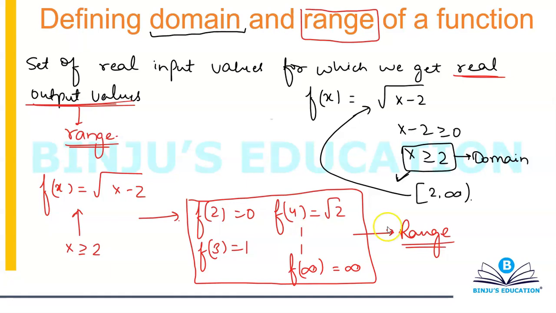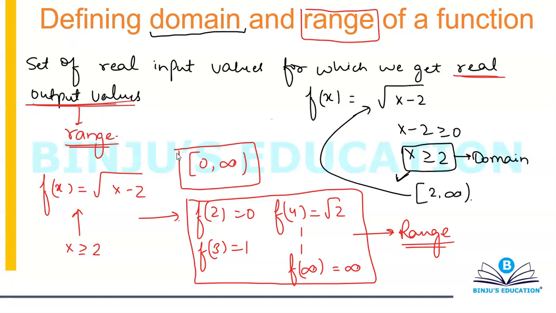So the range in this case will simply be 0 to infinity. The real output values that you obtain when you plug in real input values are known as your range. This is what is meant by the term range.